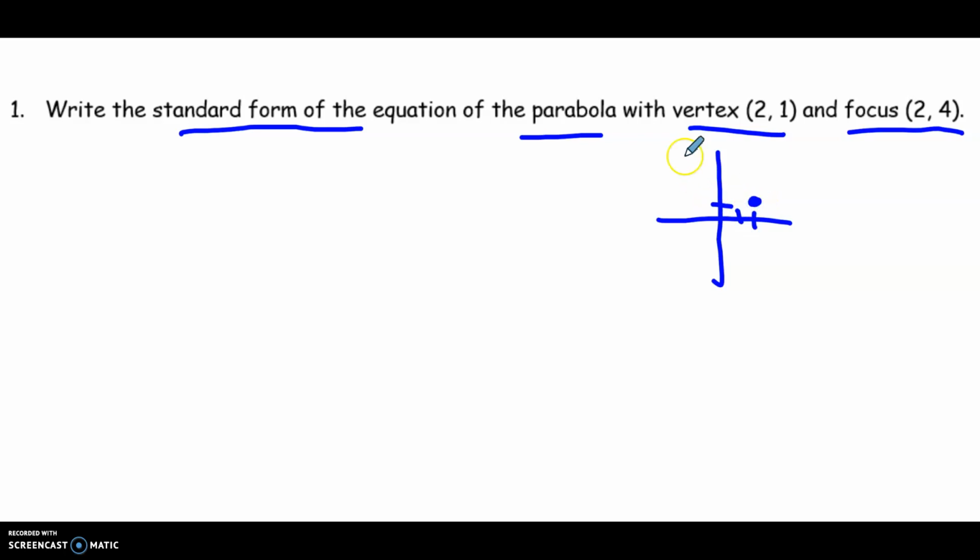So here comes 1, 2, and 1. I'm going to plot that point, and I'm going to call that point a vertex, so V. Then my focus, I'm going to plot as 2, 4, so I'm going 1, 2, 3 more up, and I'm here. Now I know this parabola opens upward because the focus always lies within the parabola.